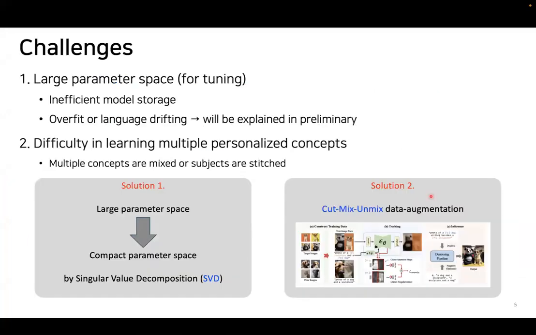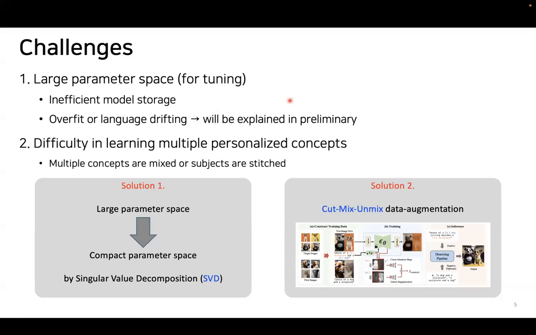So there are challenges. The first one is the large parameter space. For example, in DreamBooth, when we fine-tune the diffusion model with the images, the parameter space is actually the total parameters of the model, so the total parameters of the UNet.